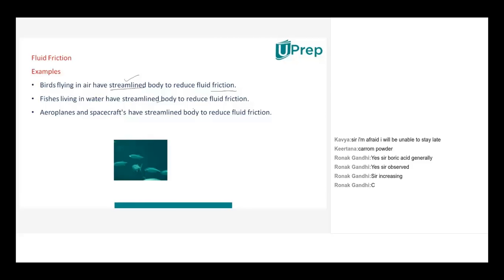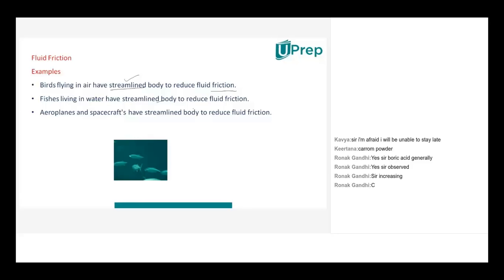Okay. Next, Veda. Streamlining, what did you understand related to it? When the body is streamlined, it reduces the fluid friction.